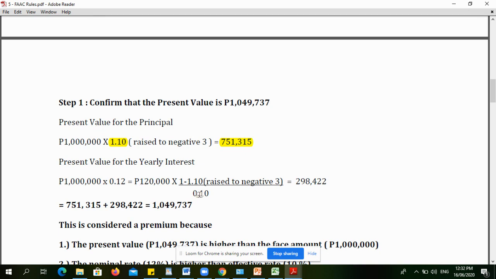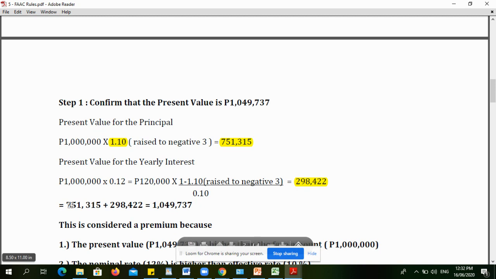Okay? So, ang gagawin natin is annuity. Kada year, makaka-receive si ABC Corporation ng 120,000. So, ang kailangan natin gawin, annuity for 3 years, specifically ordinary annuity. Given all the information, we get 298,422.